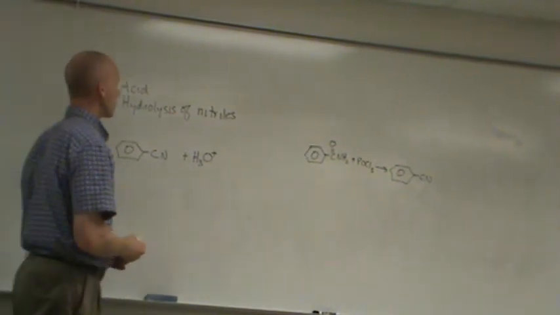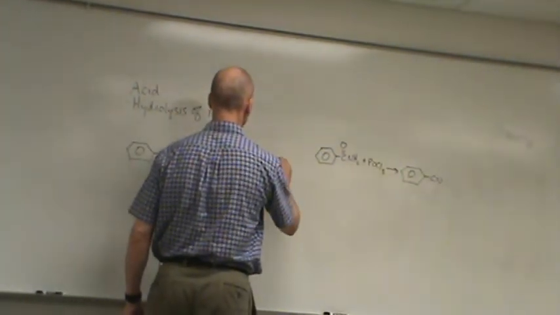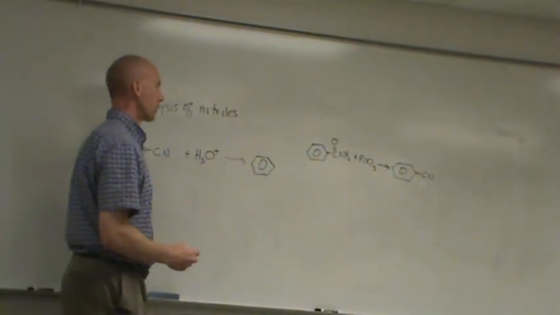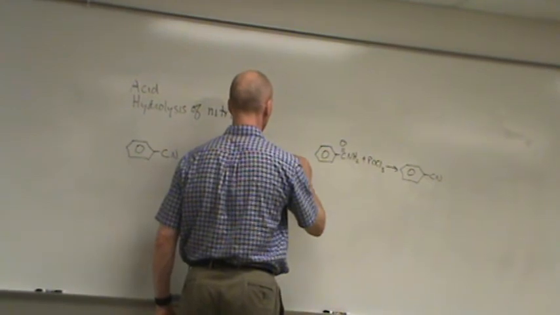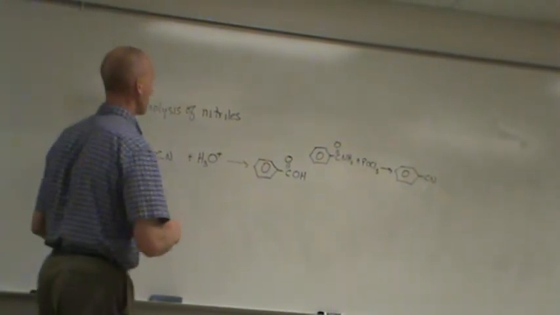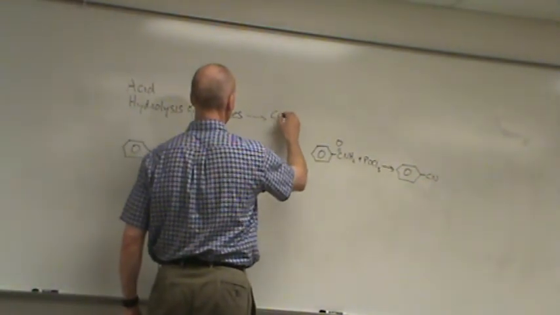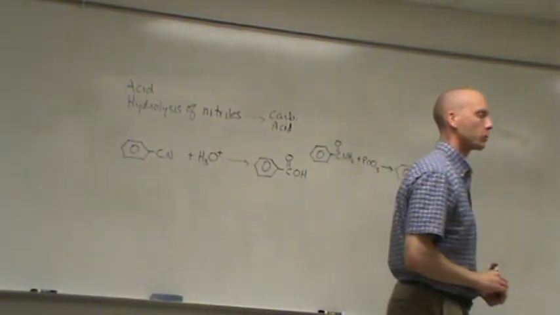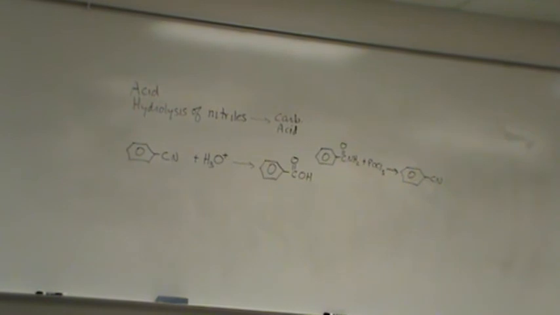Let's look at the acid hydrolysis of nitrile. What this does is convert the nitrile group to an acid group. So we get the formation of carboxylic acids. That's basically all nitriles can do. Other than that, they're relatively stable molecules.